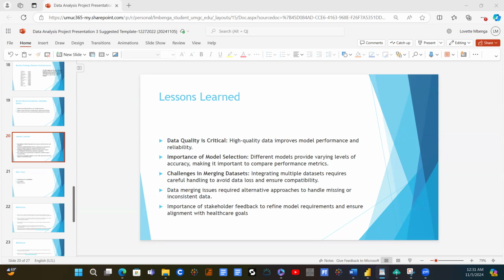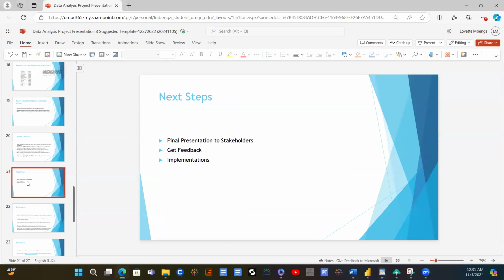We have to get proper model selection, be able to merge the data sets, and also get feedback from the stakeholders in order to make sure the project aligns with the healthcare objectives. The next step for my project is to present it to the stakeholders and gather their feedback, and this will help to implement the project successfully.